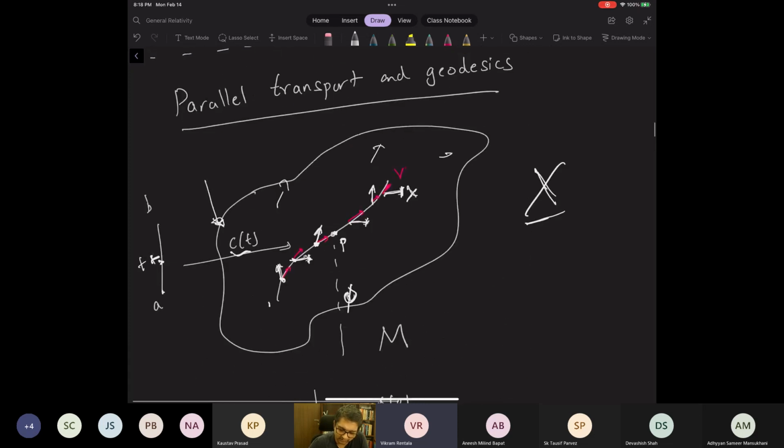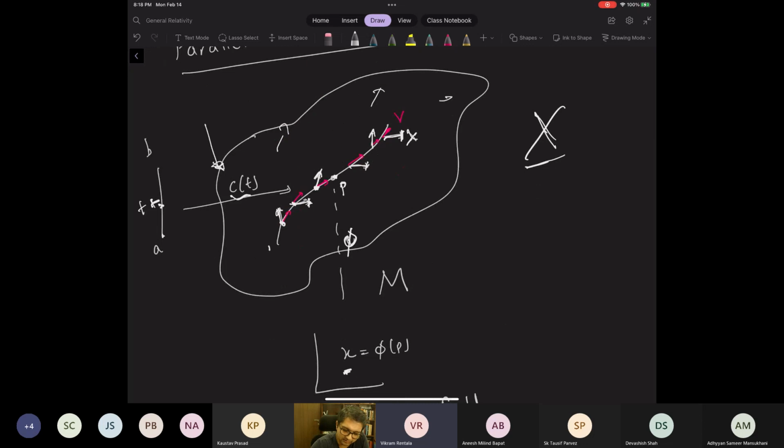Now we also define a vector field v, and this vector field v is only defined along the curve itself. What is v? Well, v is just the tangent vectors to the curve.